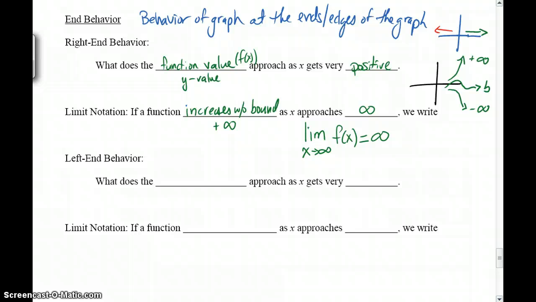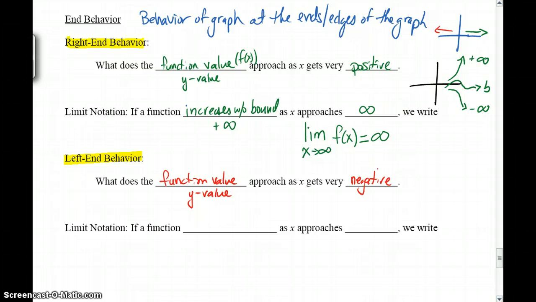All right, so we've talked about right end behavior, now let's talk about left end behavior. Very similar. I'm going to deal with the red. What does the function value, again our y value, approach? What does our f of x approach as x gets very, well, we're not getting very positive, we're not getting very small, we're getting very negative?